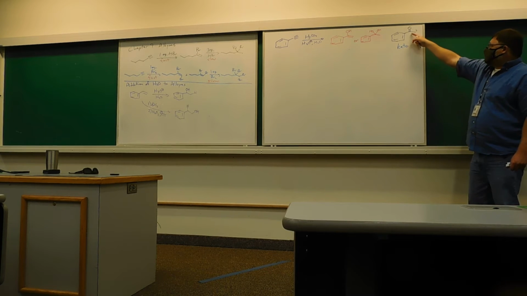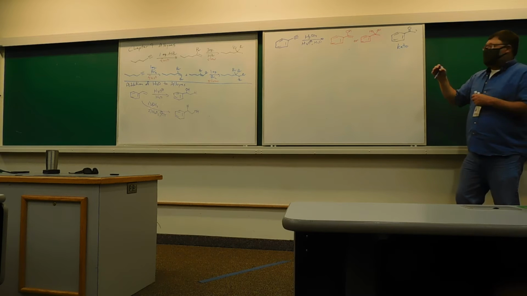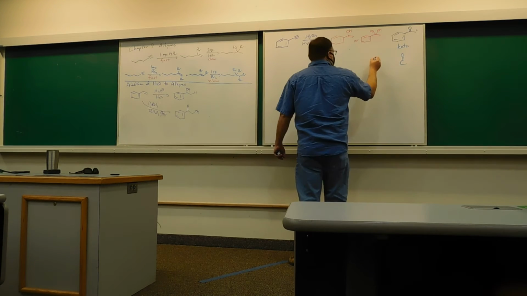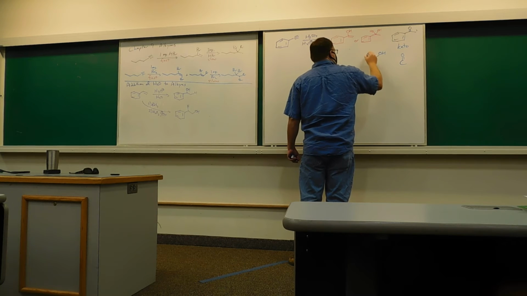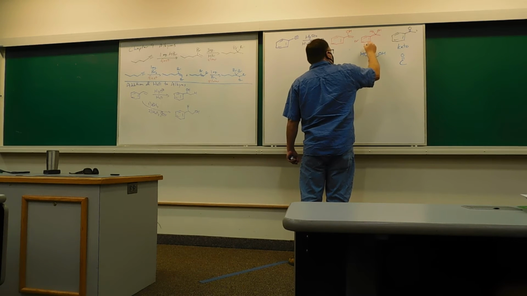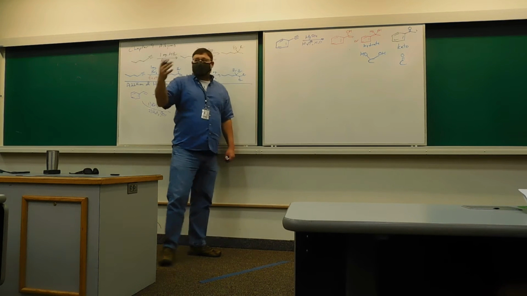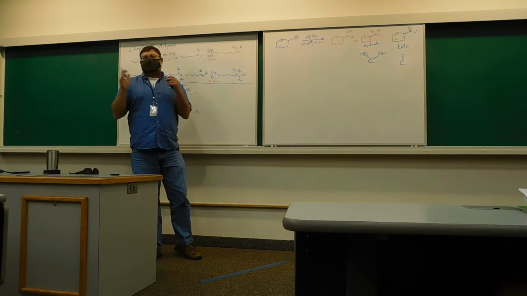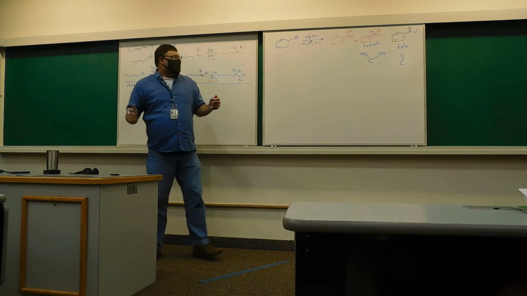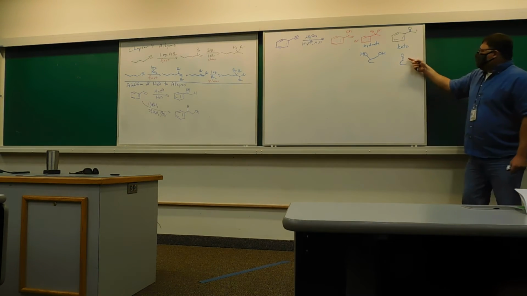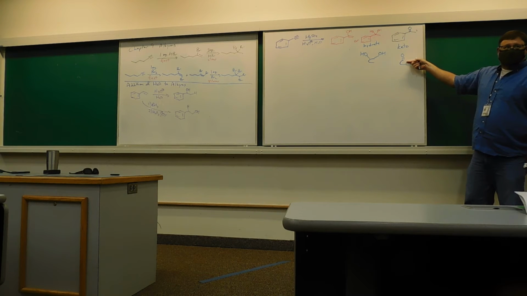Okay, so the keto form has the carbon-oxygen double bond. The hydrate form structure is going to be exactly the same, but instead of that carbon having a double bond to oxygen, it's going to have 2 single bonds to oxygen. The hydrate comes just by adding water across this carbon-oxygen pi bond, right?